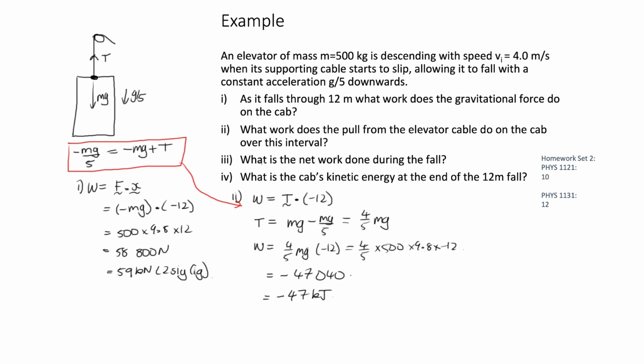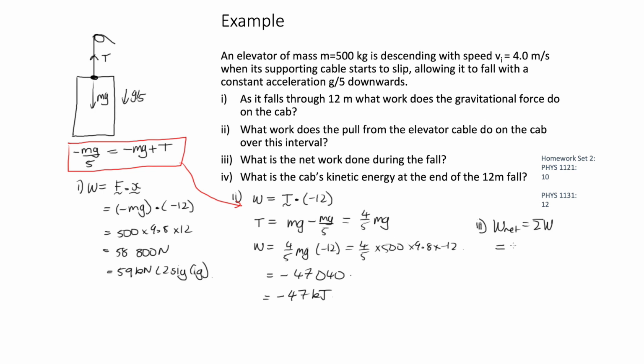Now part 3 says what is the net work done during the fall. Okay, so part 3, net work, that's the sum of the work. So net is equal to the sum of the works. And so in this case, we do only have the two forces acting upon it, the tension and the weight force, which result in this acceleration.